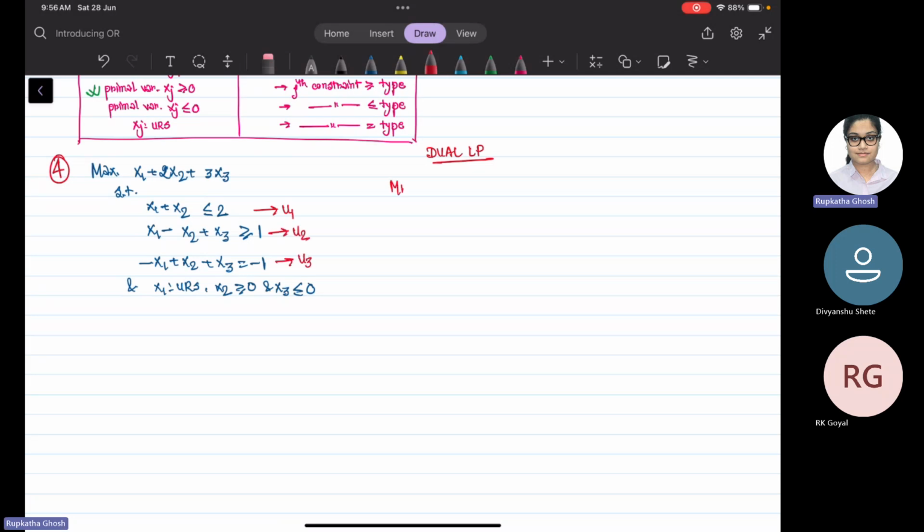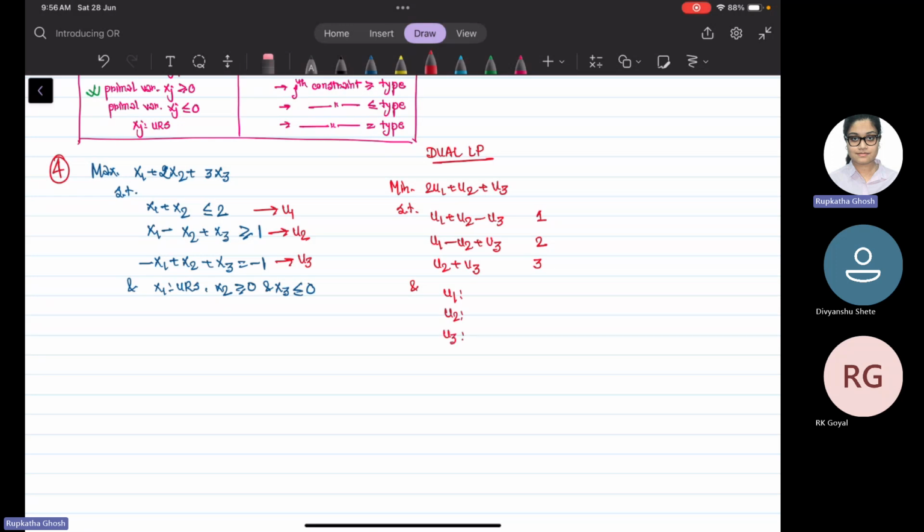So minimize 2u1 plus u2 plus u3 subject to u1 plus u2 minus u3, then u1 minus u2 plus u3, 2. There is no u1: u2 plus u3 is 3. And you will have to decide the signs of u1, u2 and u3.